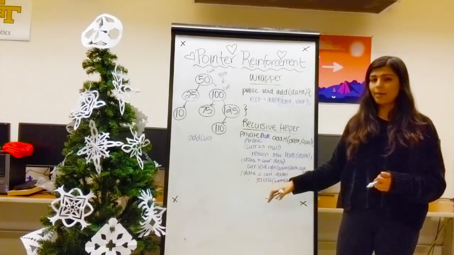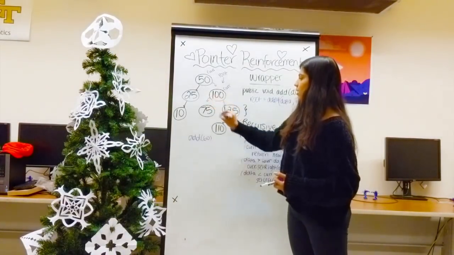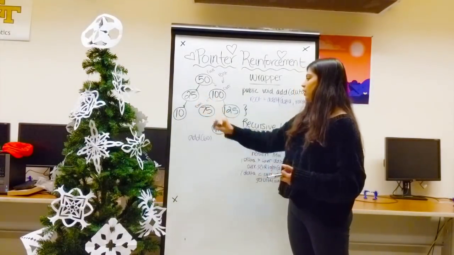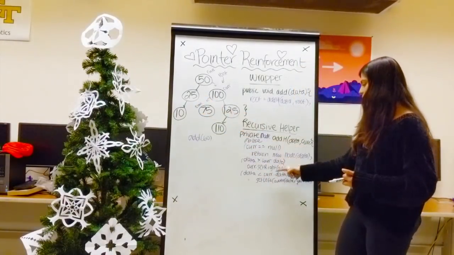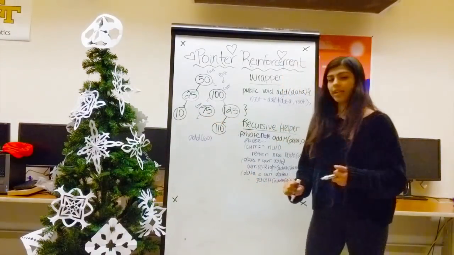Now we're going to leave this pointer hanging because it hasn't been set yet. And now there's going to be another recursive call for 75. Same thing, it's going to get to this case. It's again less, so we're going to have this pointer hanging.